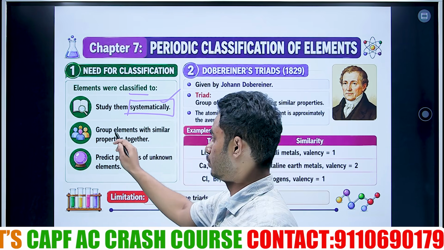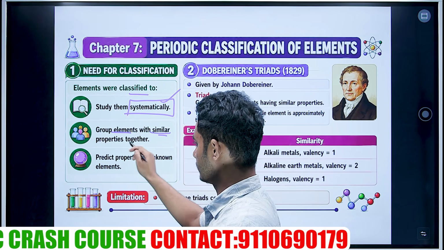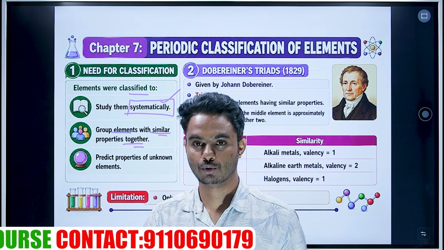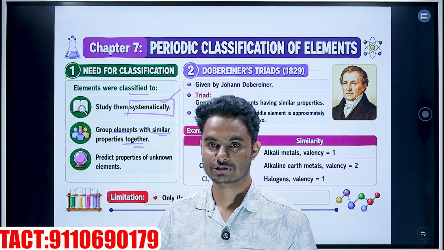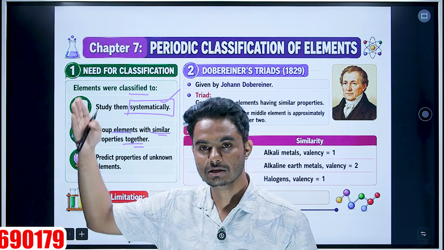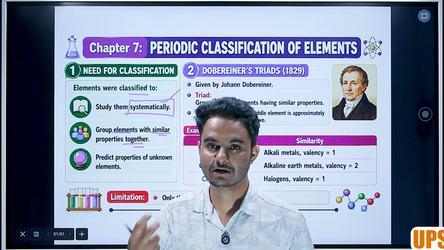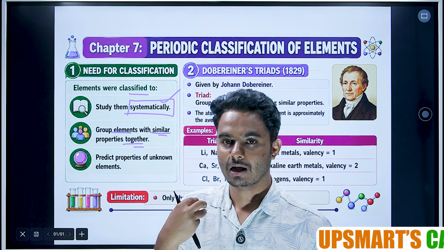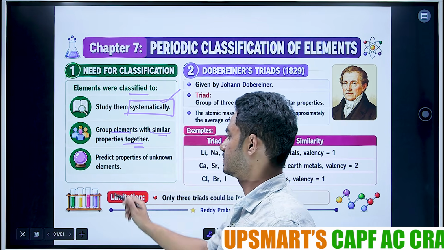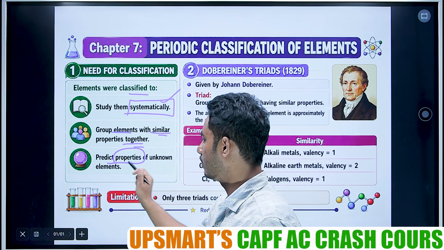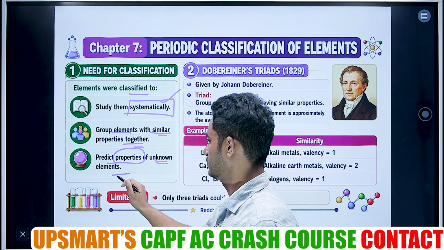Second, elements with similar properties will be grouped together, so that there is limited confusion and better research. Next, we can predict the properties of unknown elements.